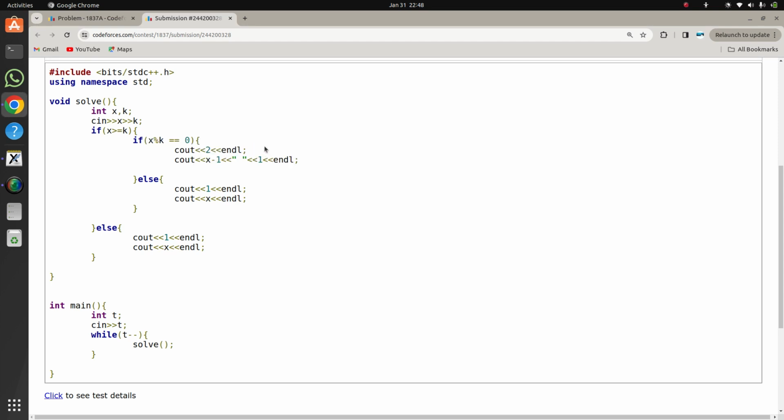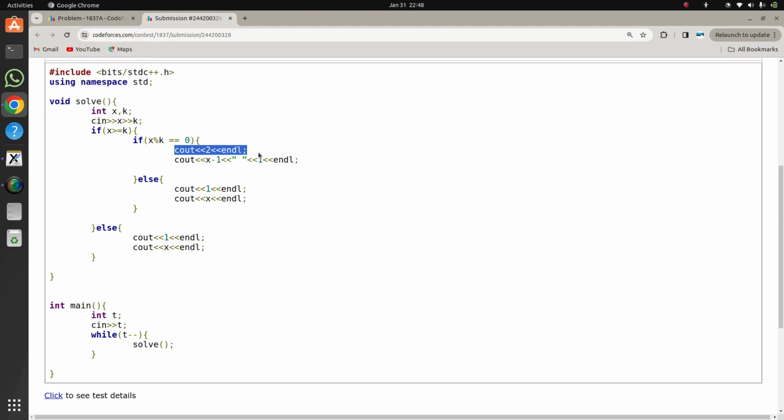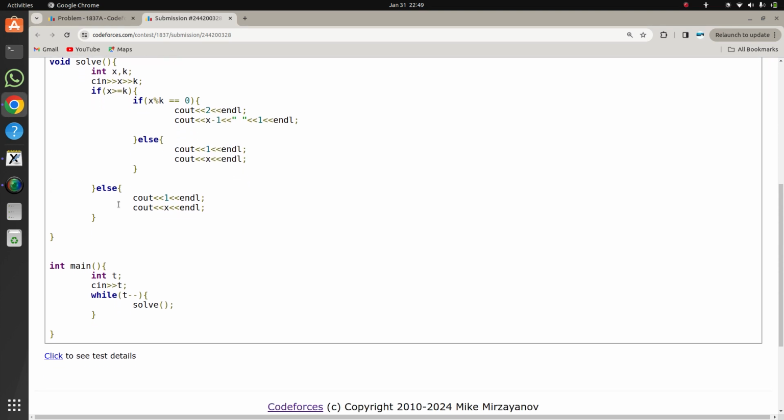First I print 2, because they have asked us to print the number of jumps the grasshopper takes, and then we print the jumps the grasshopper took. If this is not the case, I simply print x, and in the else case also we print x.